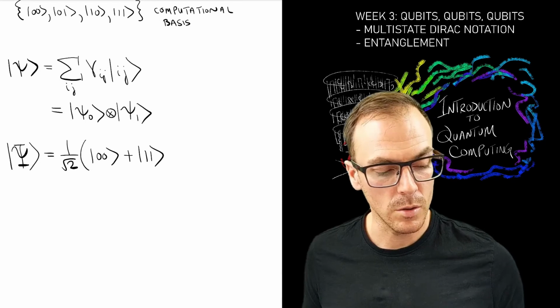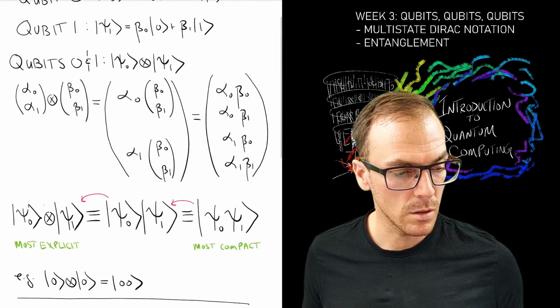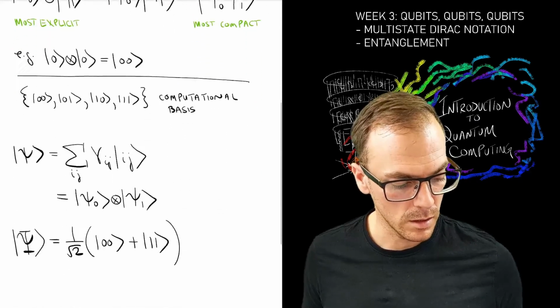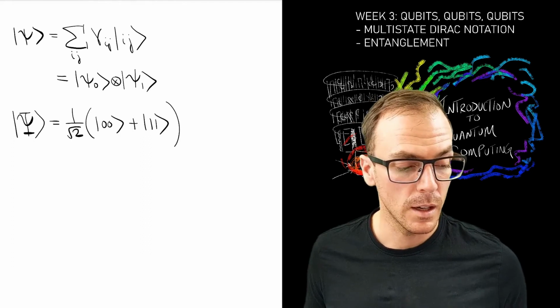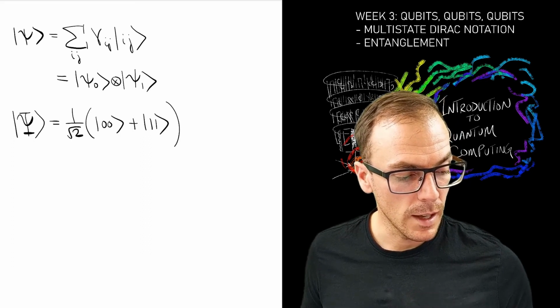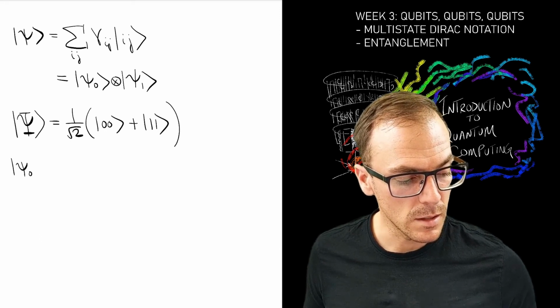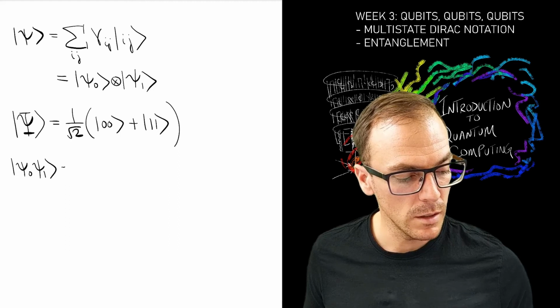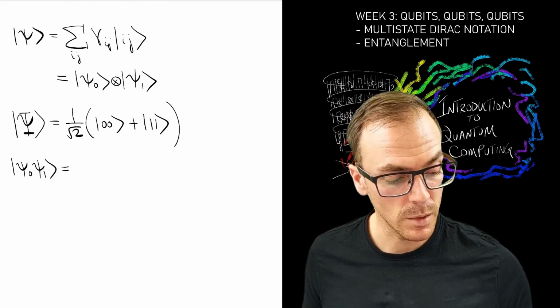Those terms, I did not write it down, but the |01> term and then the |10> term are 0. And this state psi 0, psi 1 has all four terms, but that's okay. Some of them might be 0.